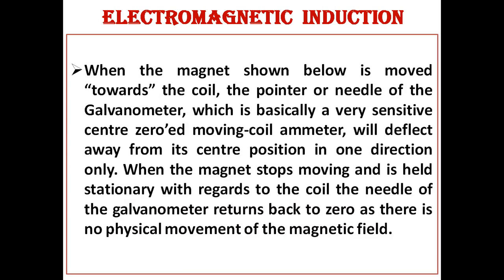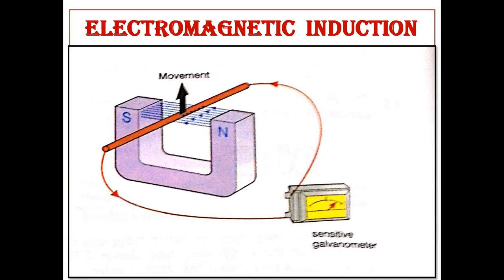Now we are going to talk about how this works. Here is a diagrammatic representation. This is the south pole, this is the north pole of the magnet, and here a sensitive galvanometer is attached.